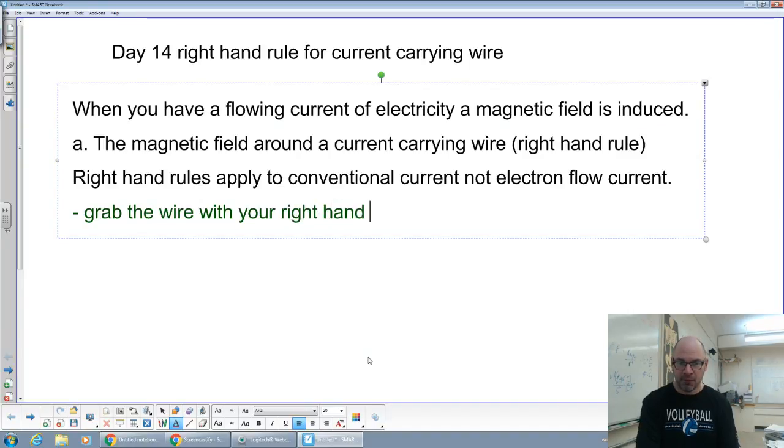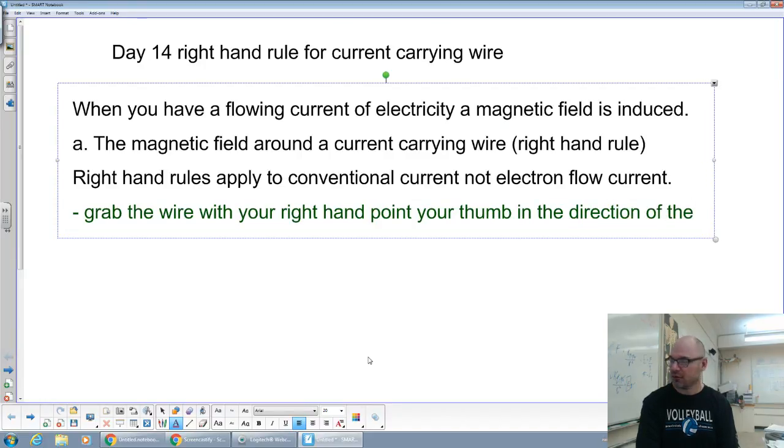Point your thumb in the direction of the current.